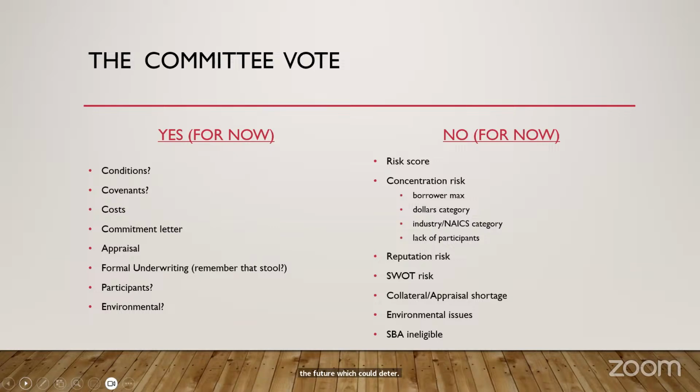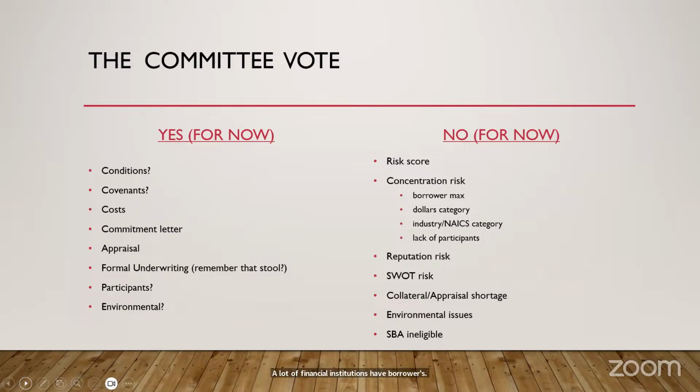If the committee decides not to proceed with it for now, the reasons why it could be: risk score, you may not have fallen into the 3 to 6, maybe a little bit out. Concentration risk. A lot of financial institutions have borrower maximums that a person can borrow.